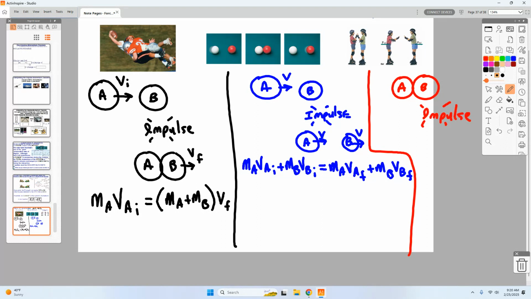And then when we're done, what we see is A and B separate with equal but opposite momentum. So their velocities would be in opposite directions. Mass matters here. So whichever one is more massive is going to be moving slower than the other one, to show that their momentum would be the same.